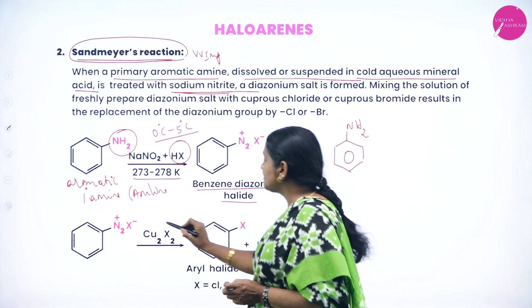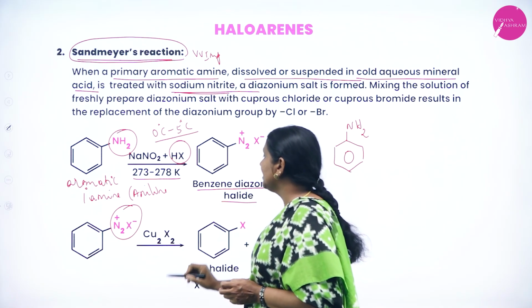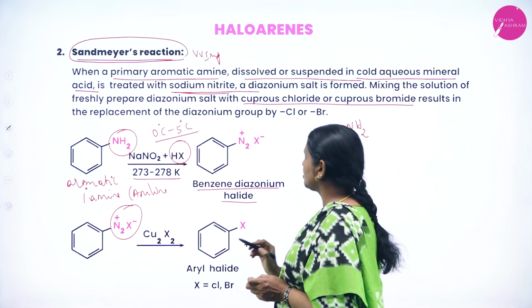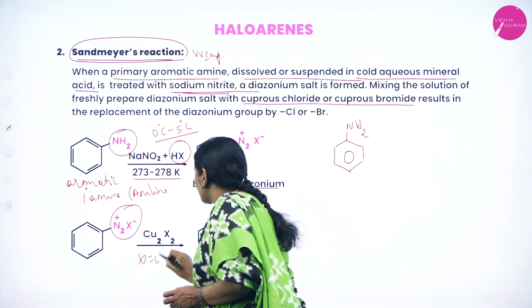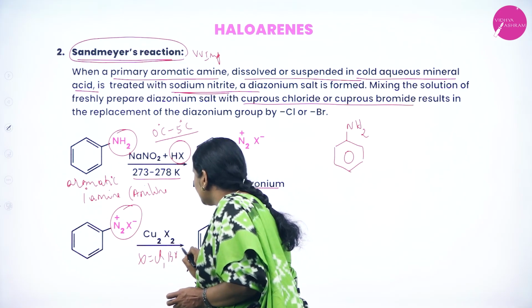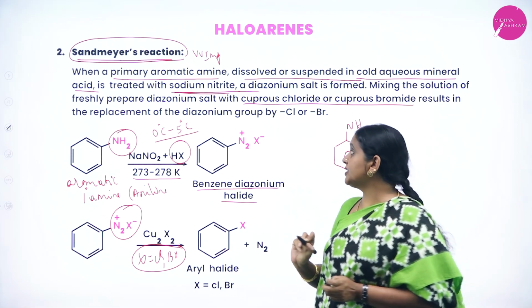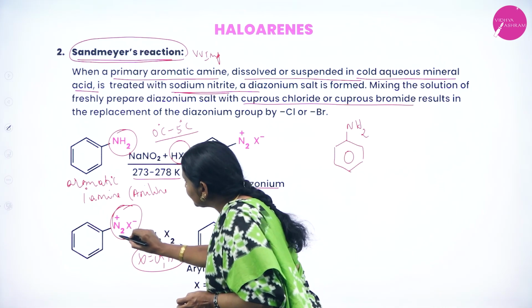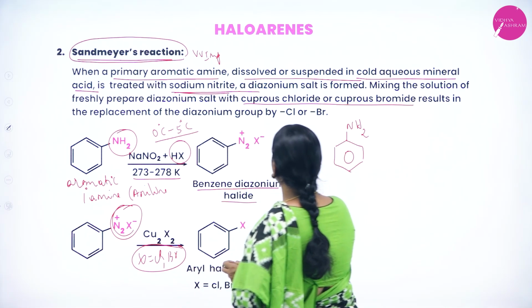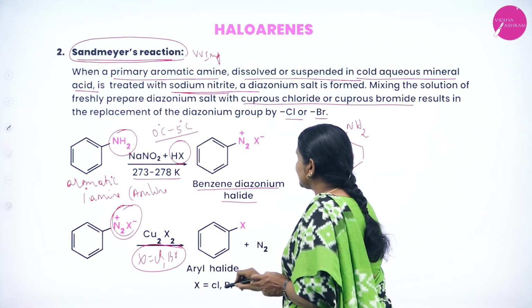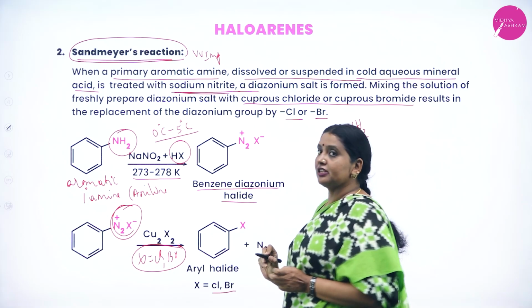This benzene diazonium halide is heated with cuprous chloride or cuprous bromide, where X is equal to chlorine or bromine. When it is heated with cuprous chloride or cuprous bromide, the benzene diazonium group is replaced by chlorine or bromine. Either you are going to get chlorobenzene or what? Bromobenzene.